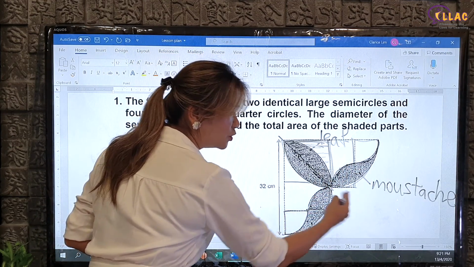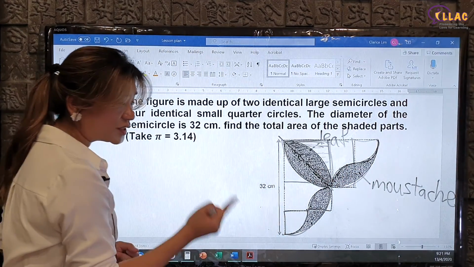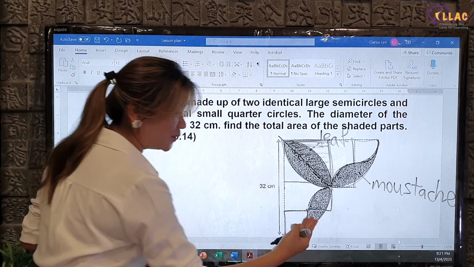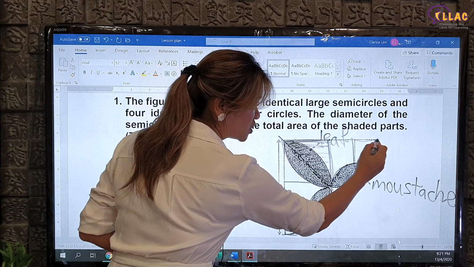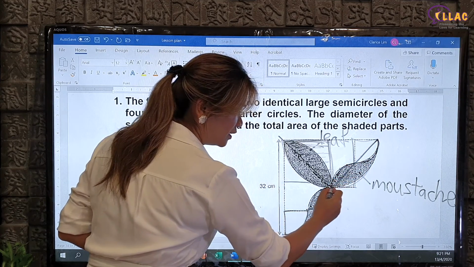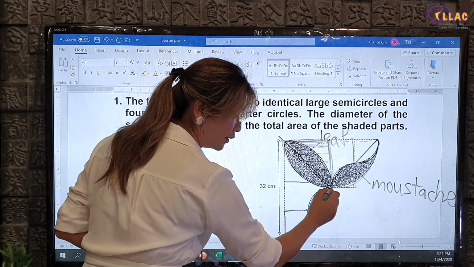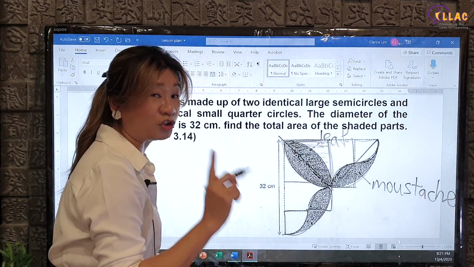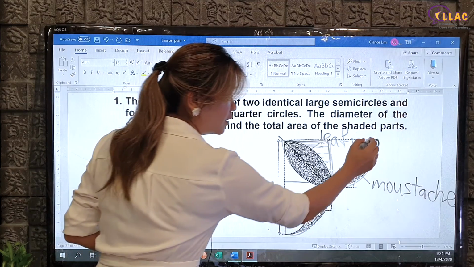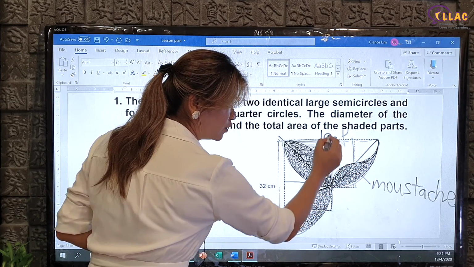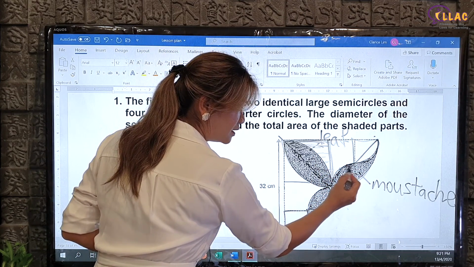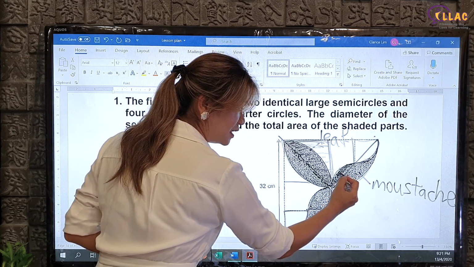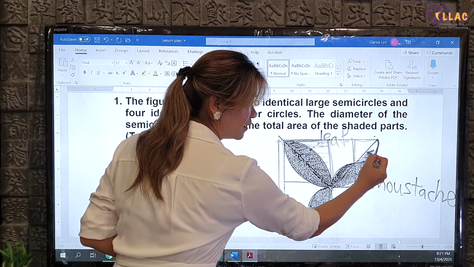Then how do you solve the moustache? The moustache is actually a leaf in disguise. What do I mean? If you draw a straight line down, again you are drawing a triangle out of this quadrant. It's always about finding the triangle in the quadrant. Once you draw this triangle out, you realize that this part of the leaf is actually the same size as this part.